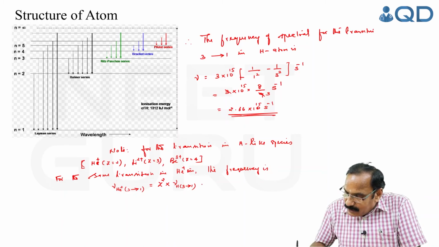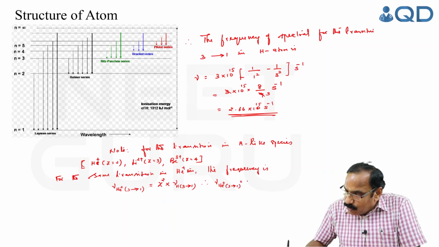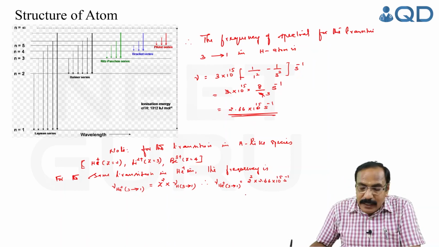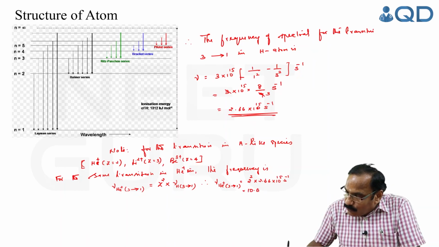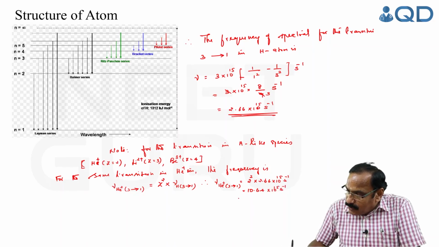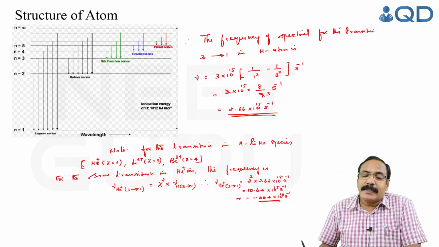Therefore, the frequency of helium plus for the transition is 2 square into 2.66 into 10 to the power of 15 second inverse, or 10.64 into 10 to the power of 15 second inverse, or 1.064 into 10 to the power of 16 second inverse.